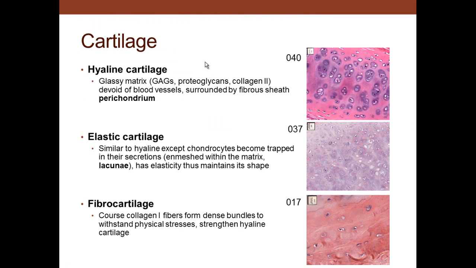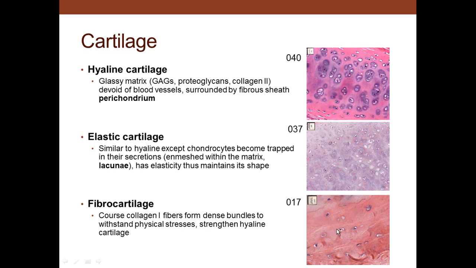Now there are 3 different types of cartilage. There's hyaline cartilage, which is kind of glassy, what you see at the end of a chicken bone, and that has a perichondrium around it. Here's a perichondrium here and here. There's also elastic cartilage. It has elastic fibers, very similar to hyaline cartilage, but the groups of cells are fewer in these, and it does also have a perichondrium around it.